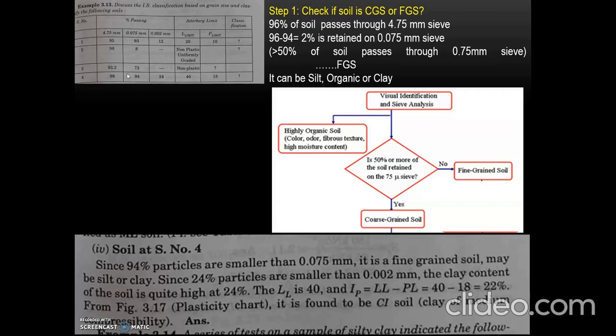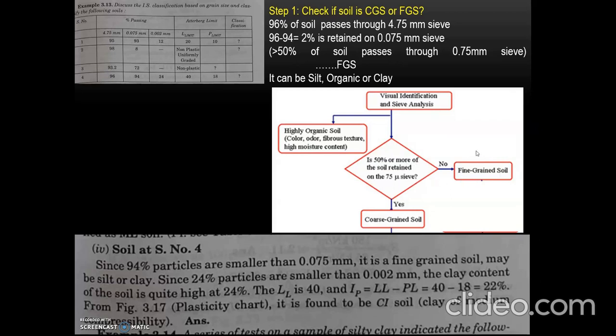That means the percentage retained on the 75 micron sieve is 96 minus 94, which is equal to 2%. So 2% is retained on the 0.075 mm sieve, which is obviously less than 50%. Hence it cannot be coarse grained soil. It is fine grained soil, as more than 50% passes through the 75 micron sieve.